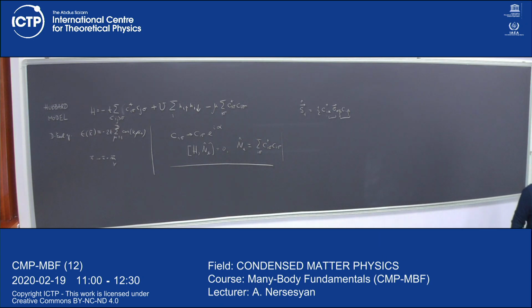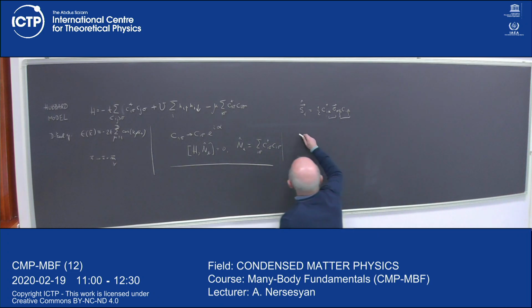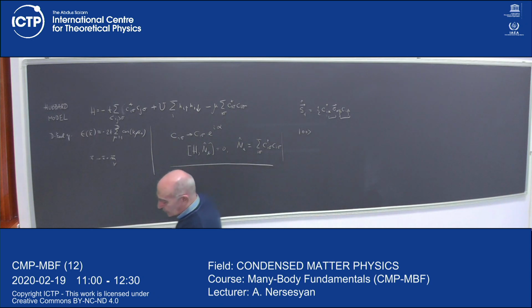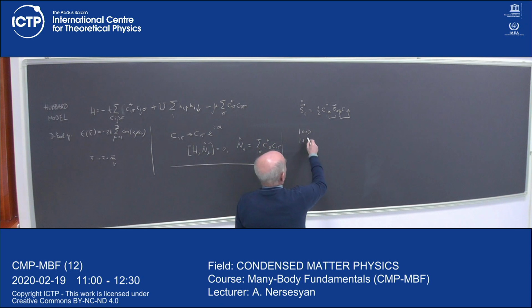It has an interesting feature. If you recall how the local four-dimensional Fock space is arranged, what are those basis vectors? I simply choose the state to be labeled by occupation numbers in the spin up and spin down directions. Here I have 0, 0, then 1, 0, 0, 1, and 1, 1.